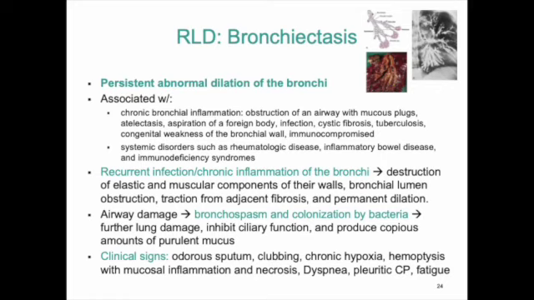This bronchial dilation can be cylindrical, or it can be symmetrically dilated as well. With the symmetrically dilated airways, we usually see this in patients with pneumonia, and at that time, it is reversible.